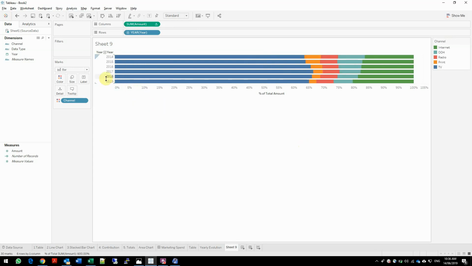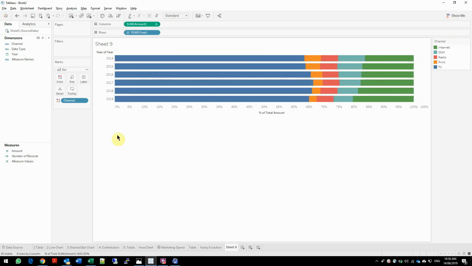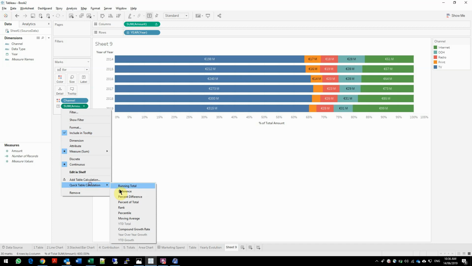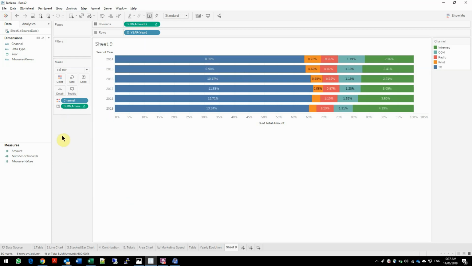So now we have a graph that is showing the contribution of each channel in the overall market spend. So let's add the numbers, and also let's add the percent of total for each channel.